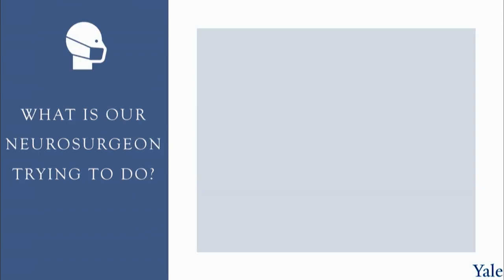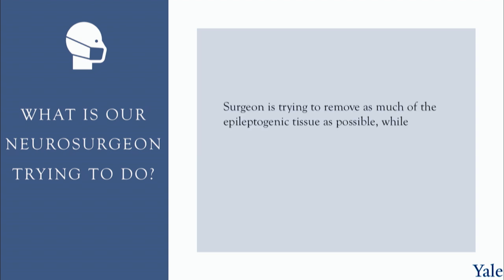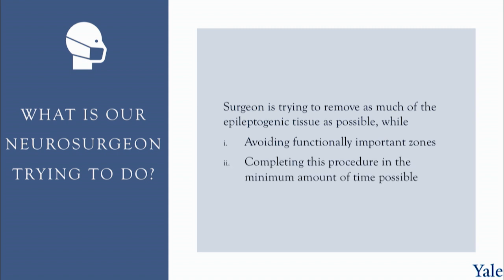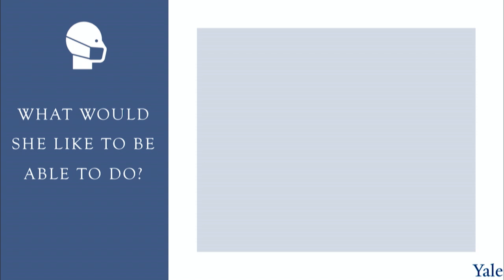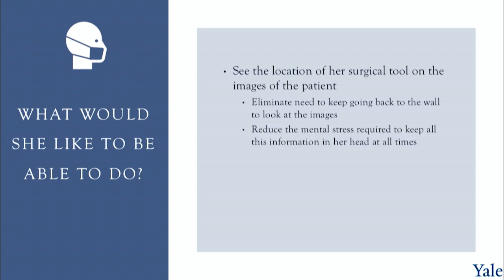So we're going to flash back to a user needs discussion and ask ourselves, what is our neurosurgeon trying to do? The surgeon is trying to remove as much of the epileptogenic tissue as possible while avoiding functionally important zones and completing this procedure in the minimum amount of time possible. So we've seen this slide before, and just like the second slide, this is what our user needs are. What would she like to be able to do in addition? She'd like to be able to see the location of her surgical tool on the images of the patient.